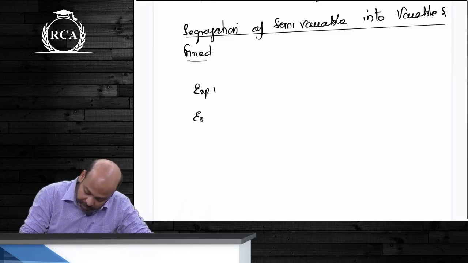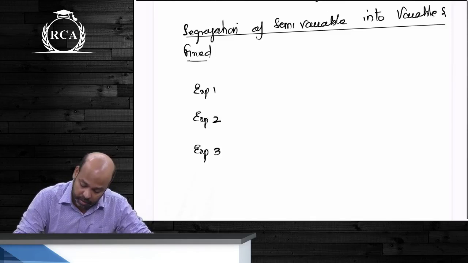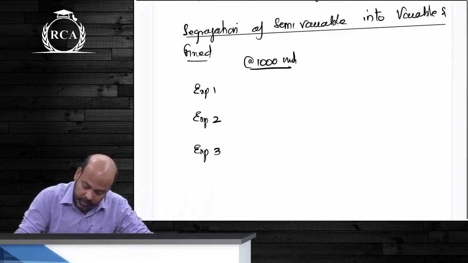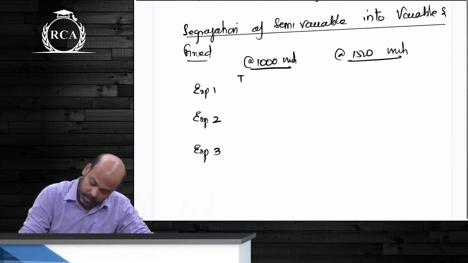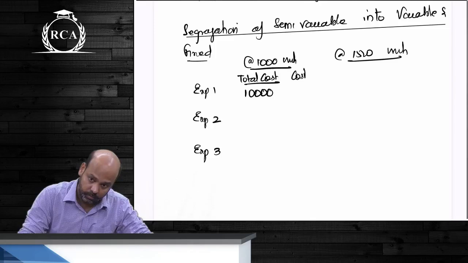Write that example that we spoke about earlier. Expenditure 1, expenditure 2, expenditure 3 at 1000 units, and 1500 units. The total cost is 10,000. Your cost per unit will be 10 rupees.